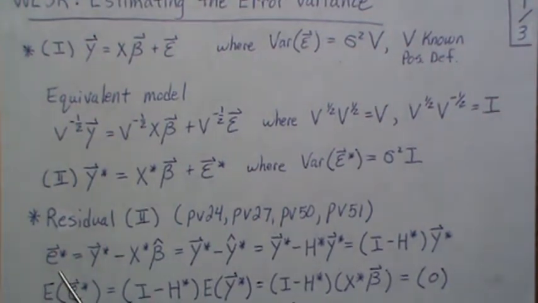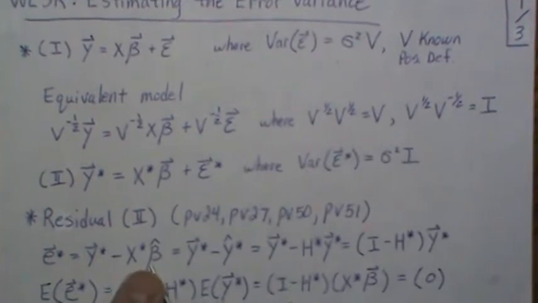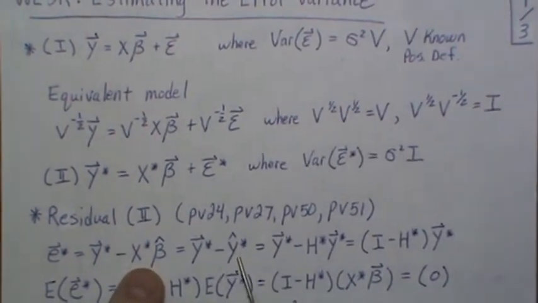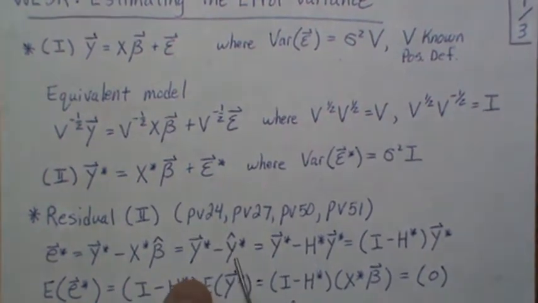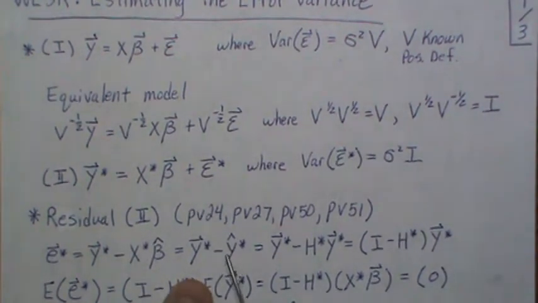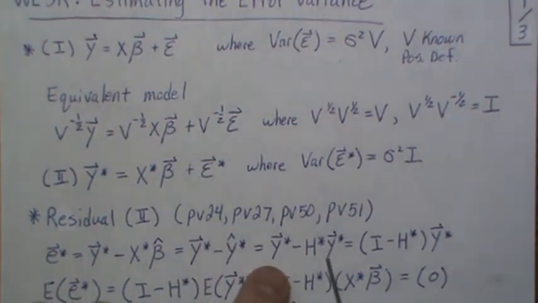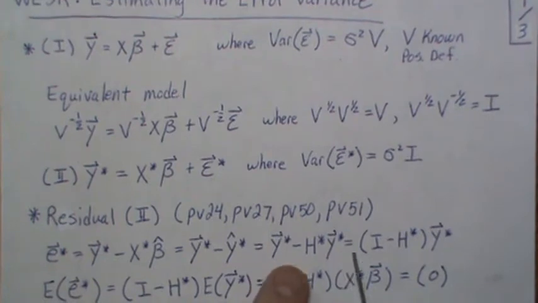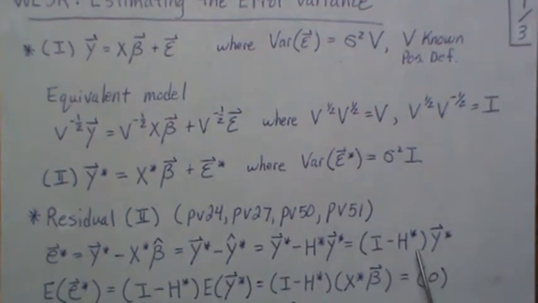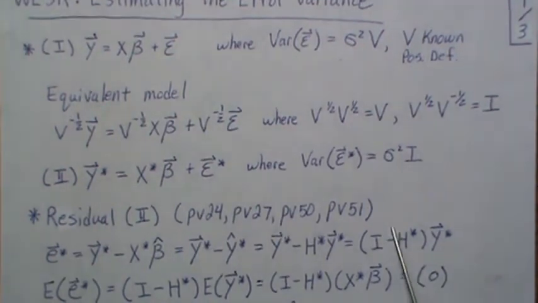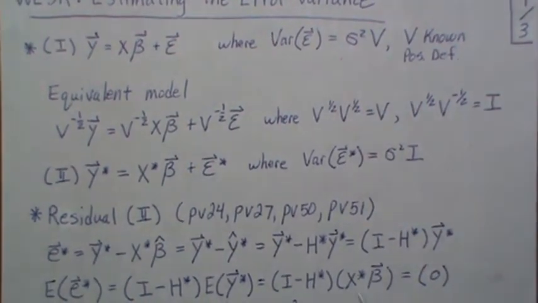So this is the sample residual. This is commonly called y hat, the fitted value, the fitted model. If you pre-multiply y by the hat matrix, this is actually y hat. Then we can factor out a y star, and we're left with I minus h star times y star. And this is the hat matrix in this setting.